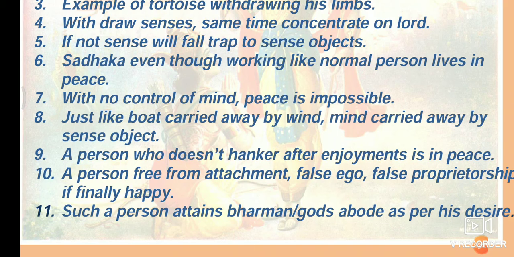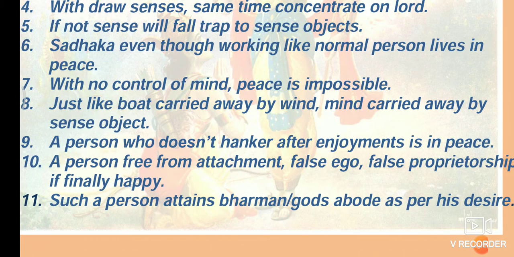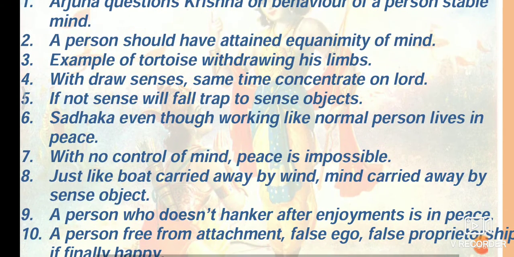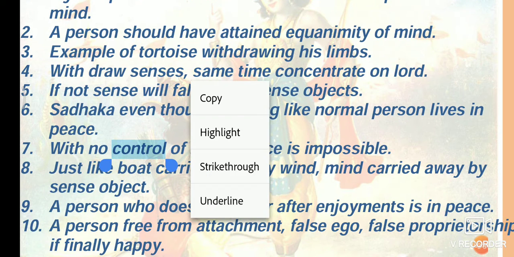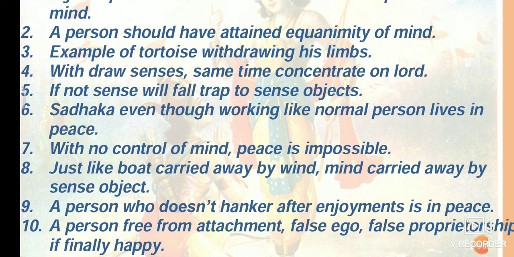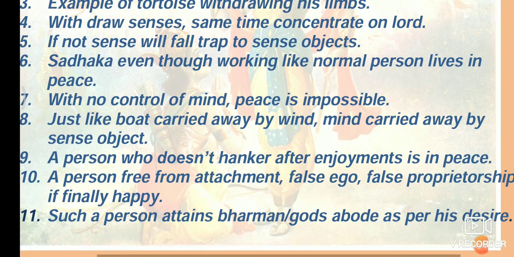And then Krishna goes on to say how to attain peace, etc. So then in the further shlokas, Krishna explains a person who does not hanker after enjoyments is in peace. So basically, in the previous points we had discussed how peace of mind cannot be attained if there are six enemies, that is the shad ripus, placed in our mind, that is kama, krodha, lobha, mada, matsarya.